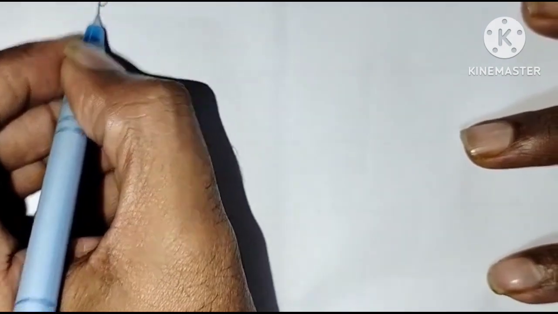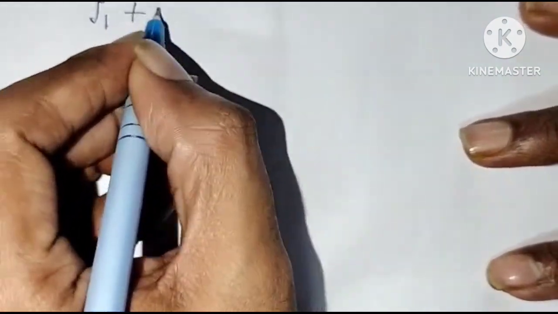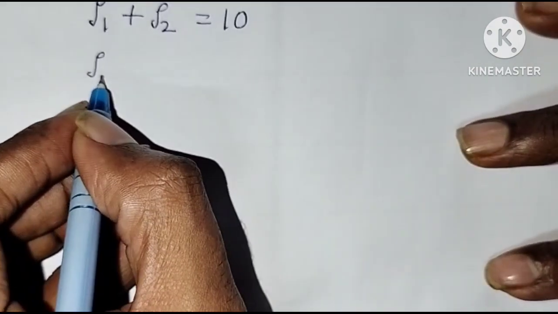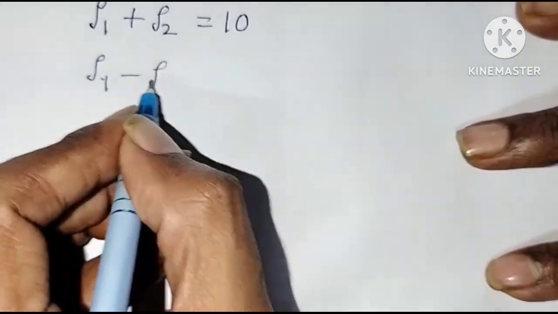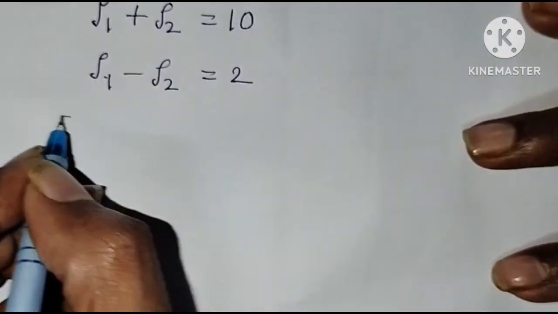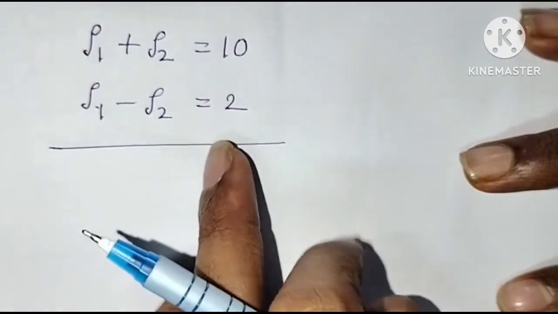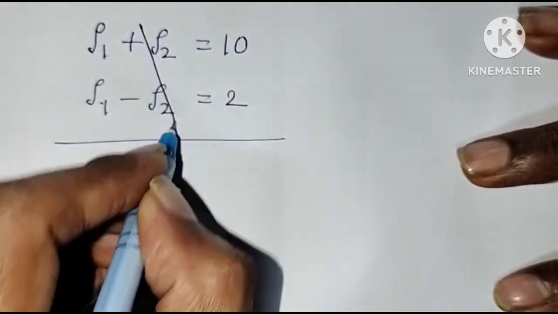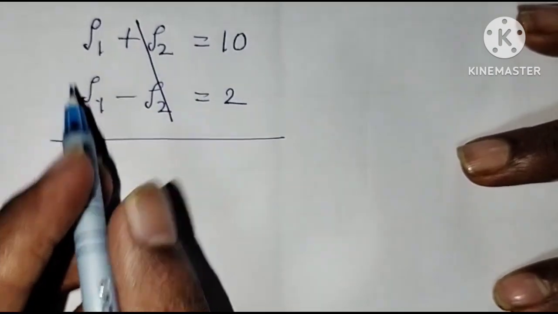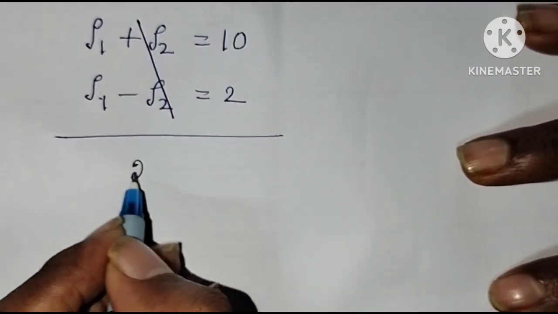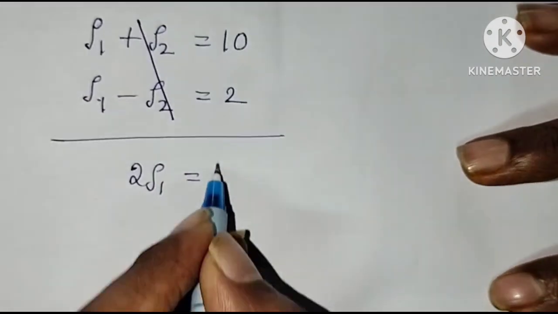Now we have the equations: rho 1 plus rho 2 is equal to 10, and rho 1 minus rho 2 is equal to 2. Let us add this equation and this equation. Plus rho 2 and minus rho 2 get cancelled. Rho 1 plus rho 1, 2 rho 1, is equal to 10 plus 2, 12.